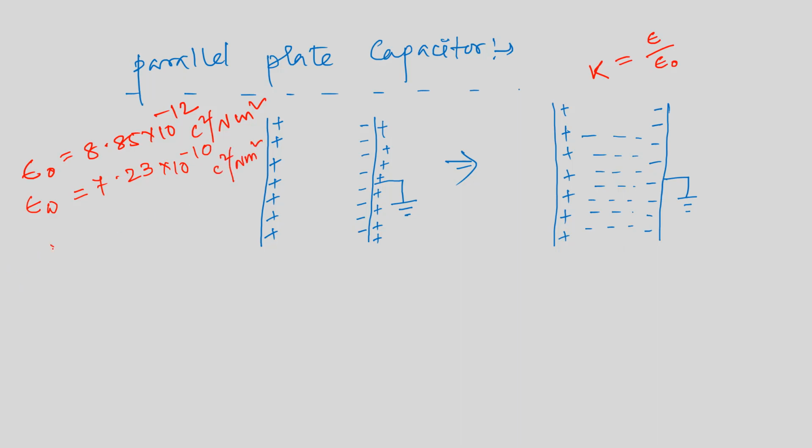So whenever between the two charged particles, this is my Q1, this is my Q2, the material present between them is water, in that case the force of attraction will be less.